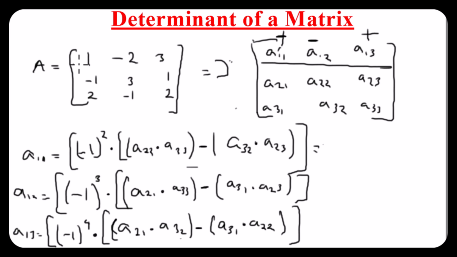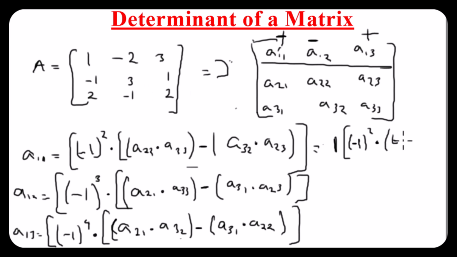So let's get the value of A11. From this matrix A, remember A11 is 1, isn't it? So I have 1 in the bracket of, of course, this minus 1. Let me just write it so as not to confuse anyone. Minus 1 squared, then A22 times A33, that's 3 times 2.